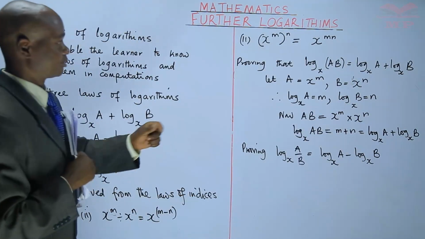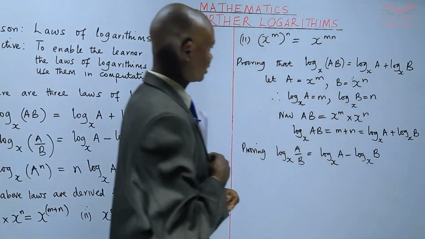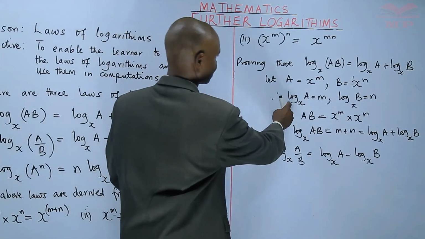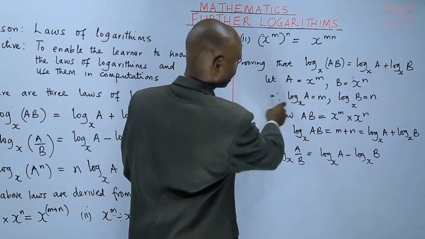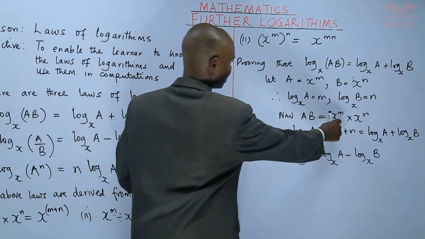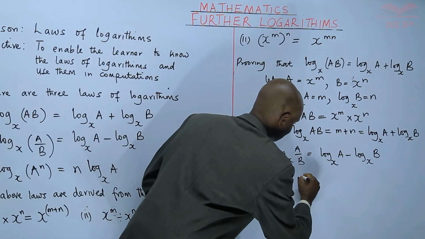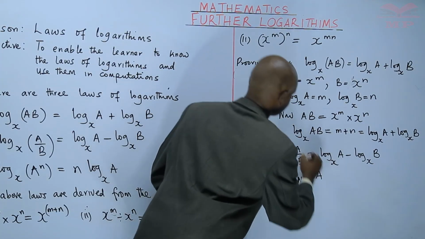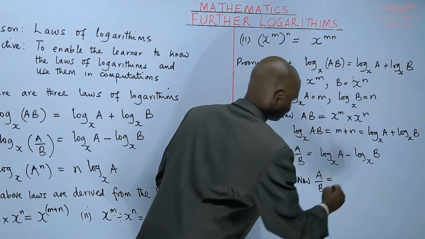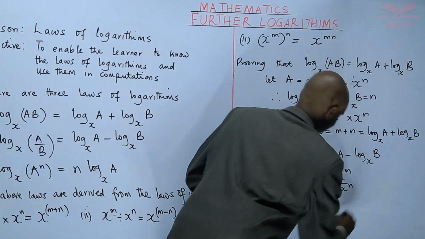You'll just use the same approach, it will only be a division. Instead of multiplying, you use that relationship, and then a over b will be equal to x raised to m over x raised to n.